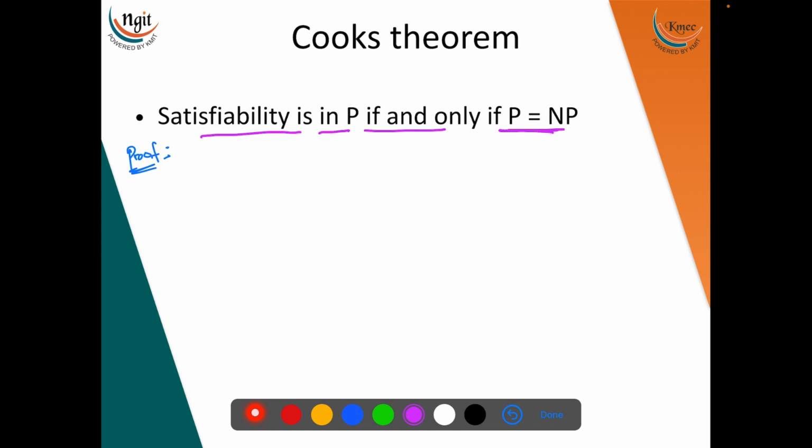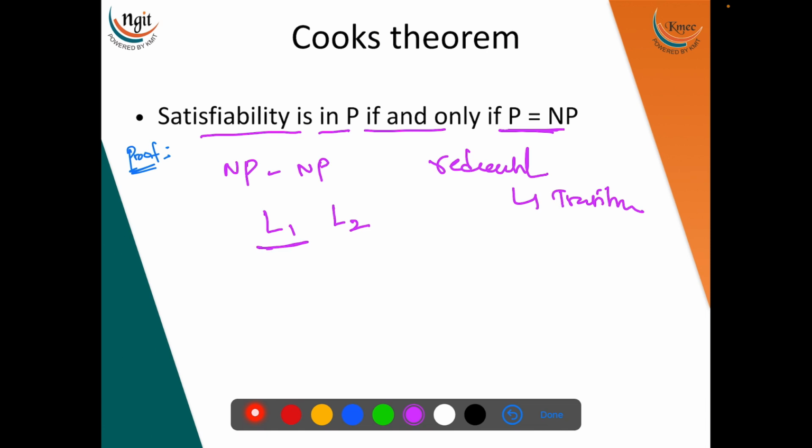Now we are ready to define the NP hard and NP complete classes of problems. First we define the notion of reducibility. Note that reducibility will give you the property of transitive closure. Now let us assume L1 and L2 are problems. L1 reduces to L2 if and only if there is a way to solve L1 by a deterministic polynomial time algorithm using a deterministic polynomial time algorithm for L2.